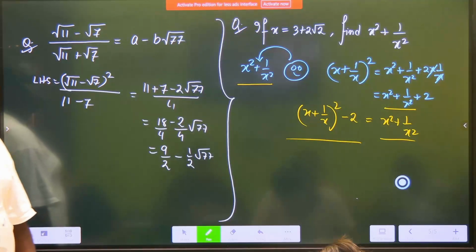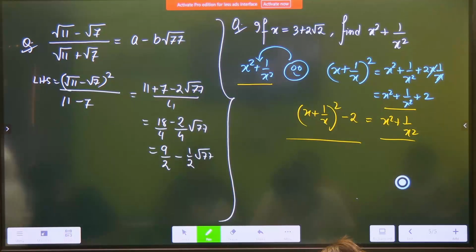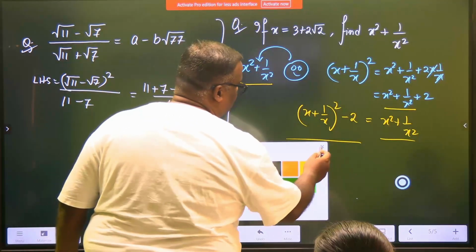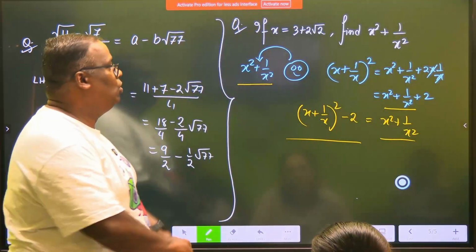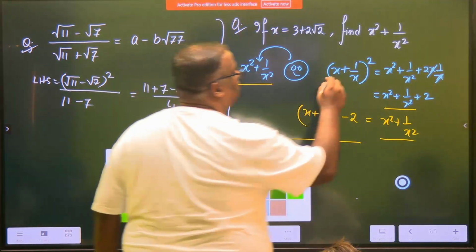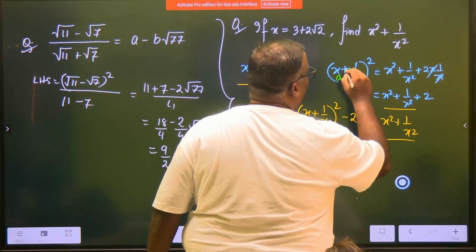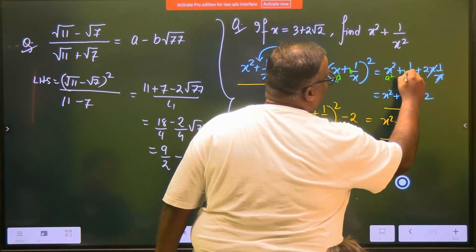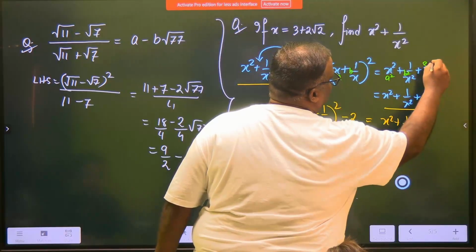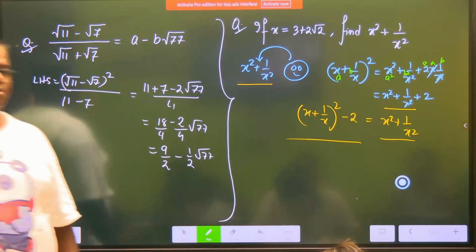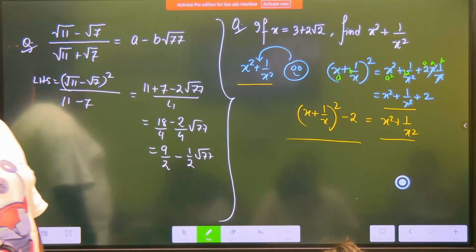We have to solve x plus 1 by x. Which one, beta? Blue color formula is a plus b whole square, a square plus b square plus 2a into b. ठीक है ना?